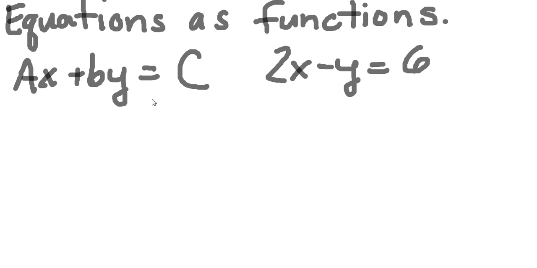What does ax plus by equals c actually mean? So a would be our number, plus by, where b is a number and y is just hanging out there as y, equals c, and c is a number.